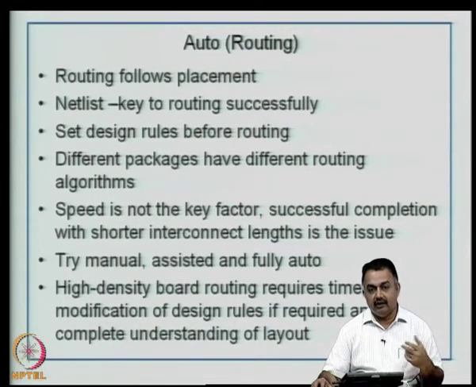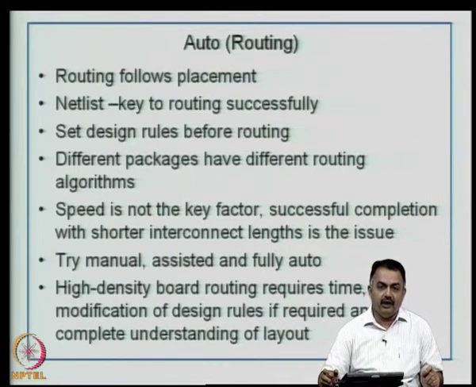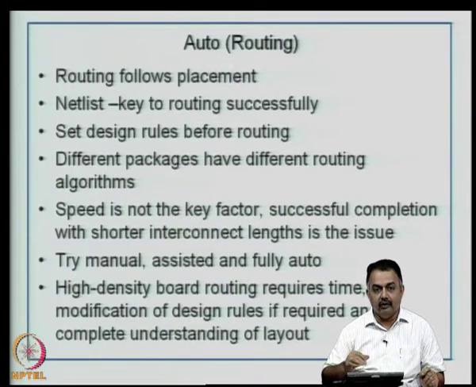So, even in an algorithm, the deciding factor of completing the routes is that shorter interconnects are finished first and the longer nets are kept pending till the end. So, very often you will end up with the longer nets not being completed at all. So, you may have to be prepared to do that 5% of the routes manually.